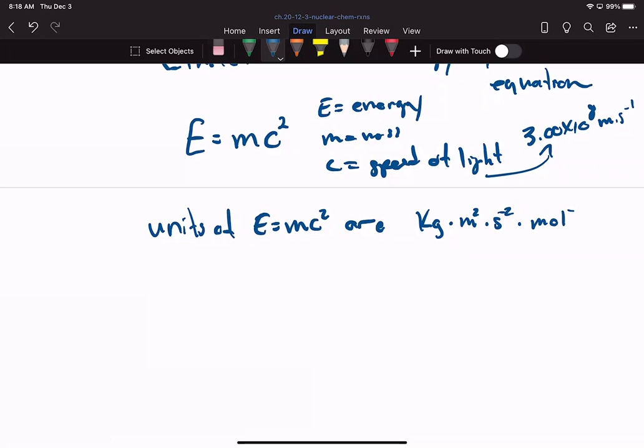So binding energy is going to be in terms of kilograms meter squared per second squared per mole.